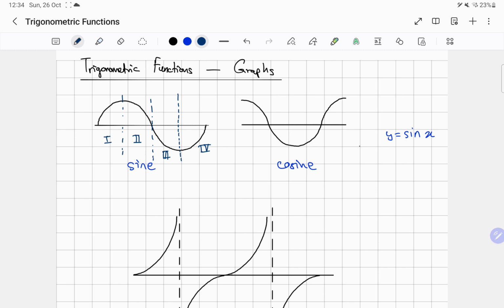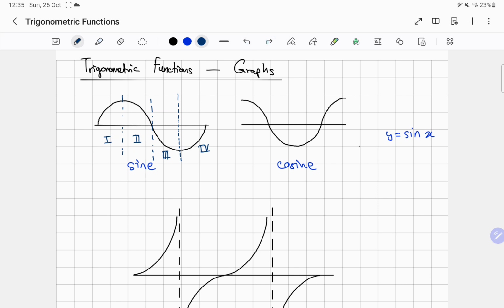This is how your first quadrant angles are all 0 to 90 degrees. Or if you take it in radians, this is 0 to pi over 2 radians. This is pi over 2 to pi radians, pi to 1.5 pi, and then 1.5 pi to 2 pi. This is your typical radians. Let me just delete that because it's very messy.